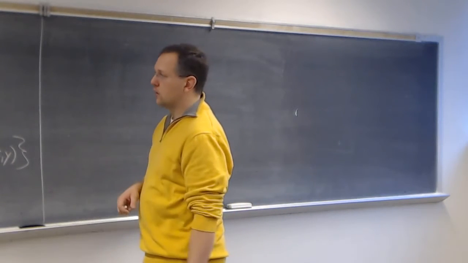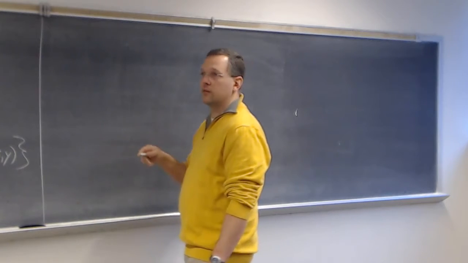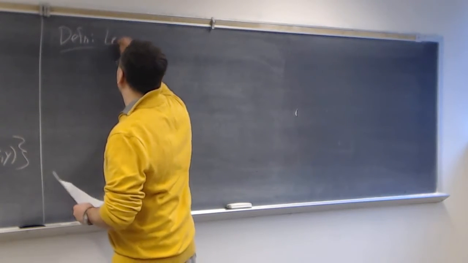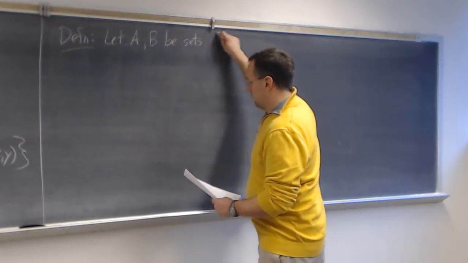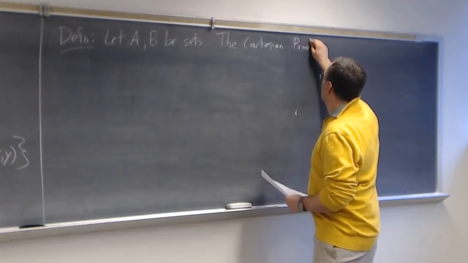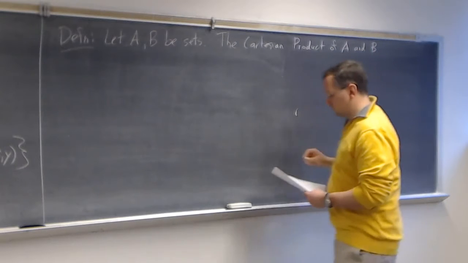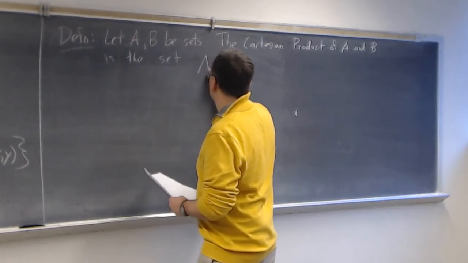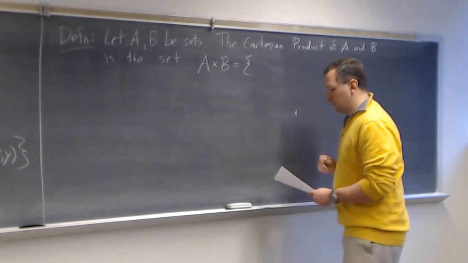Okay, so A cross B, you take all ordered pairs where the first coordinate is in A, second coordinate is in B. Here's the more formal definition. Let A and B be sets. The Cartesian product of A and B is the set, A cross B. What is in the set?